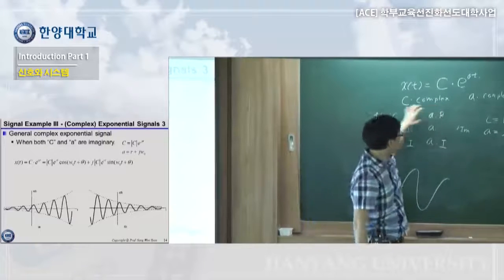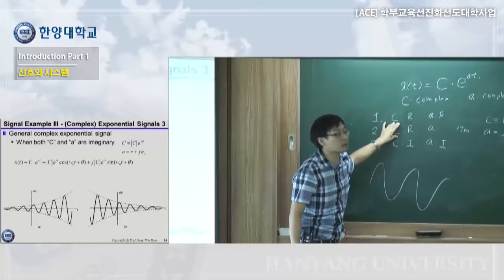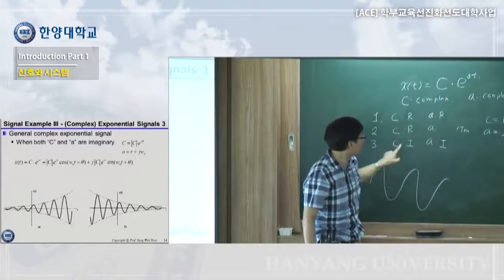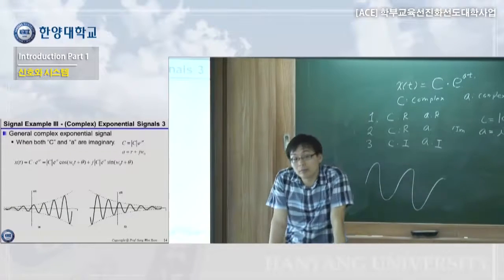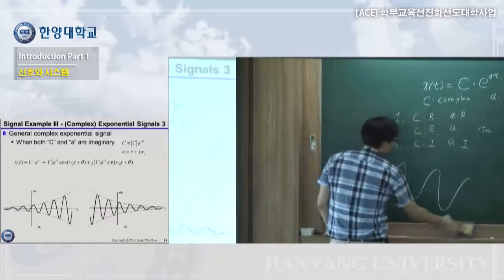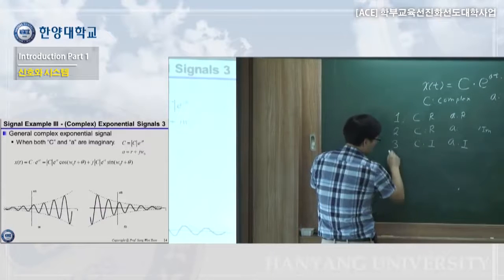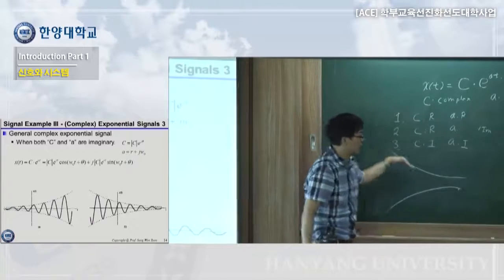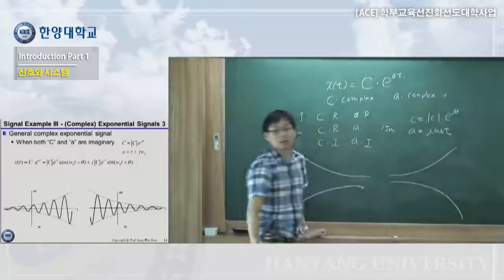Now, in the previous case 2, C doesn't change by time because C is a real number. So C is constant here and it doesn't change. Now C is an imaginary number, so it can change by time. Depending on how we define it, remember, in the first case we have a decaying signal, or a growing signal.